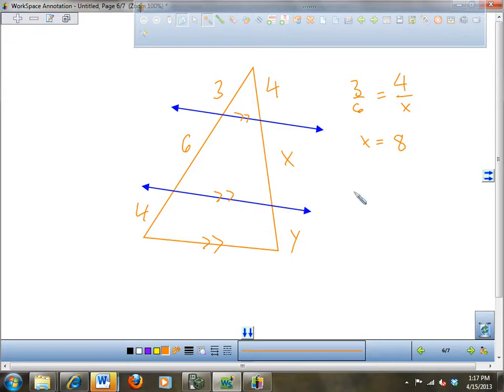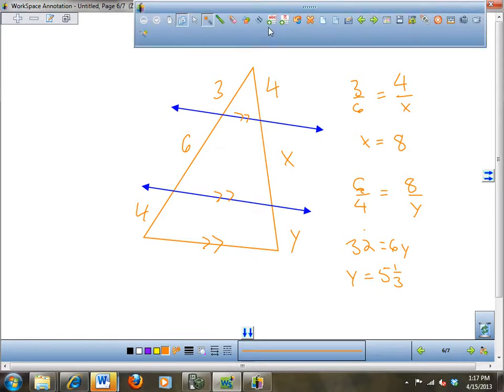Then I could go on to say that 6 is to 4 as 8 is to Y. That's harder, right? That's 32 equals 6Y. So Y equals 5 and 1/3. Okay? So that's it. Now, there's one more thing that I've got to teach you. This is kind of a cool thing.